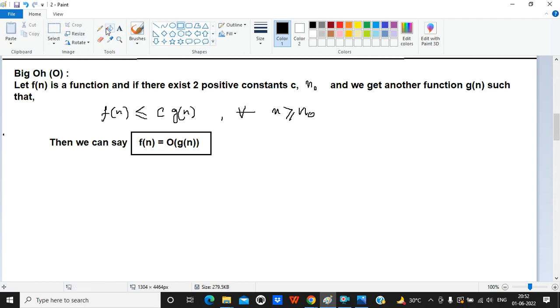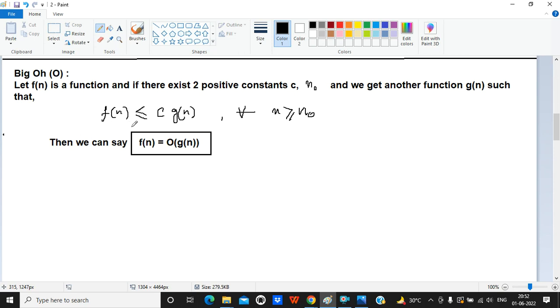Now what is it? If there is a function f of n, don't think that this is very deep mathematics, and do not forget about all those things.